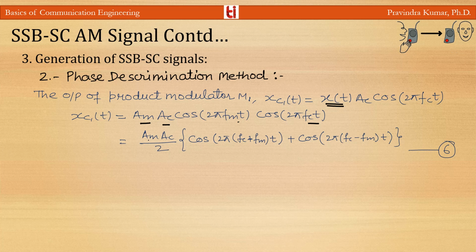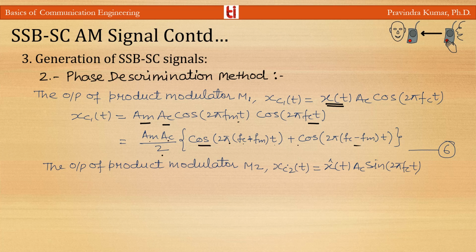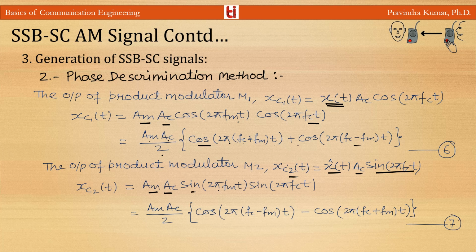So we can write it as Am Ac by 2 [cos 2 pi (fc plus fm) t plus cos 2 pi (fc minus fm) t], and the output of the product modulator M2 is x cap t Ac sin 2 pi fc t, or we can write it as Am Ac sin 2 pi fm t sin 2 pi fc t, or we can write it as Am Ac by 2 [cos 2 pi (fc minus fm) t minus cos 2 pi (fc plus fm) t].